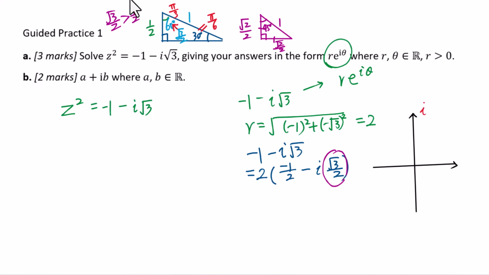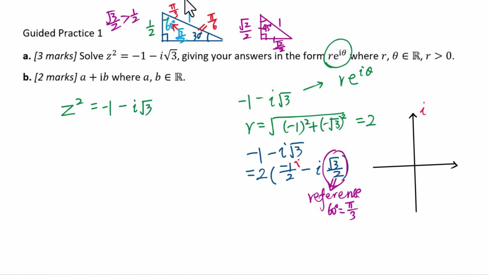Remember, the imaginary part of complex numbers decides the reference angle. Square root of 3 over 2, its reference angle is 60 degrees, which is pi over 3.